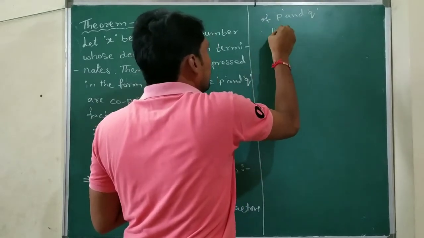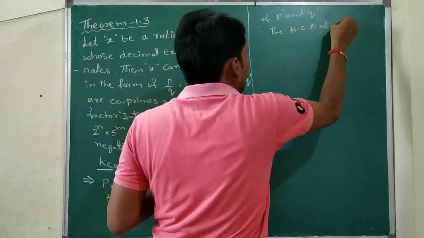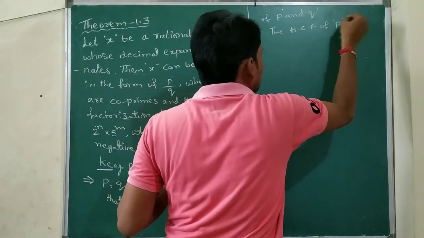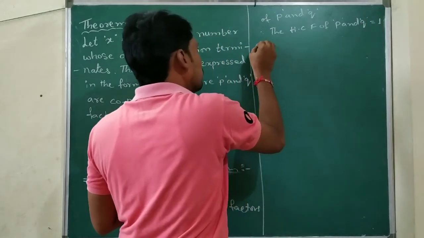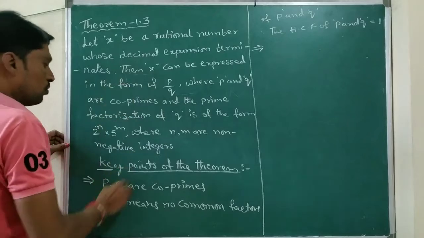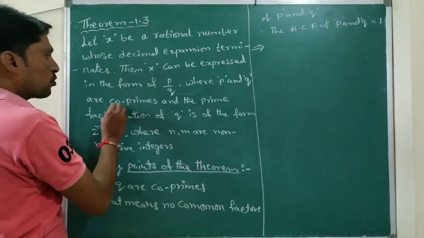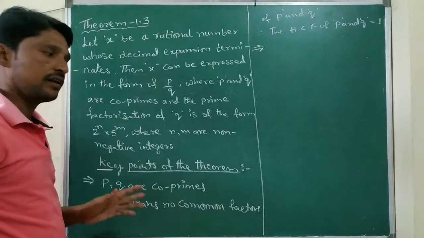So that means the HCF of p and q equals 1. This is the first key point. First one, p comma q are co-primes. Co-primes means the HCF must be 1 only. That is clear.